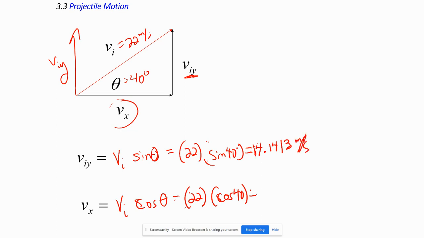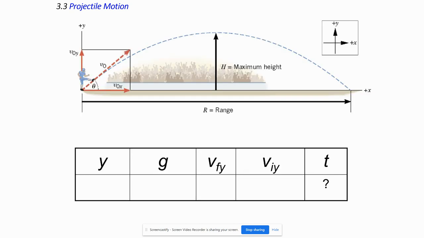And 22 times cosine 40 is 16.853 meters per second. Basically, we're splitting that velocity into horizontal and vertical parts, because we can't do anything with it the way it is.